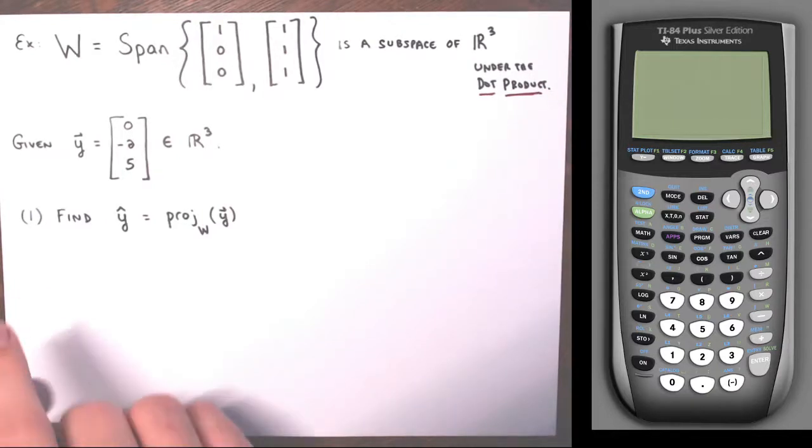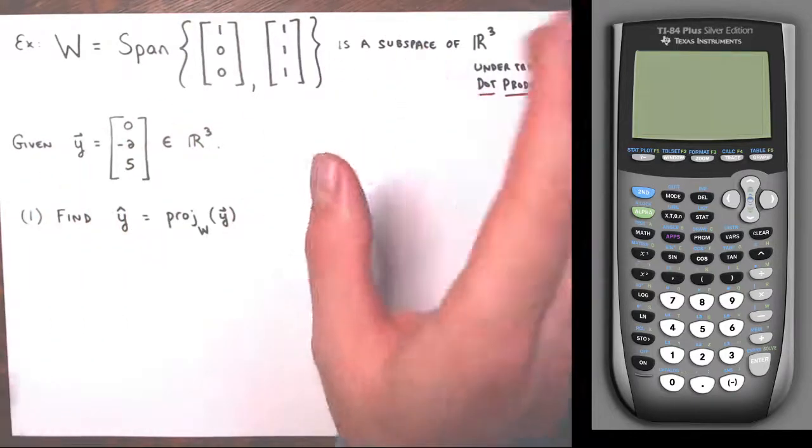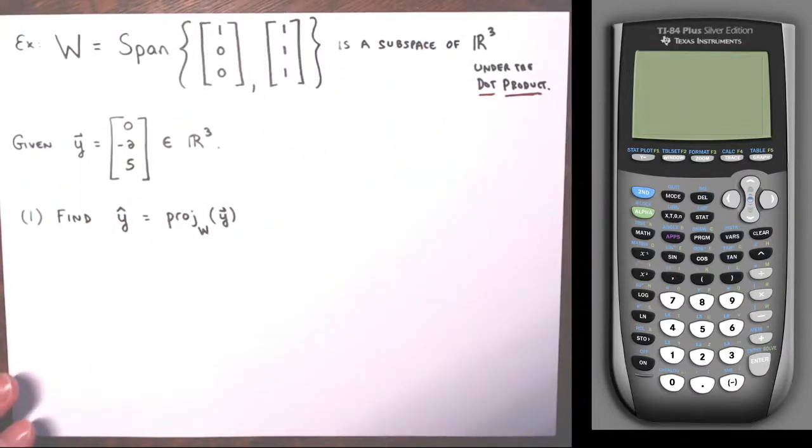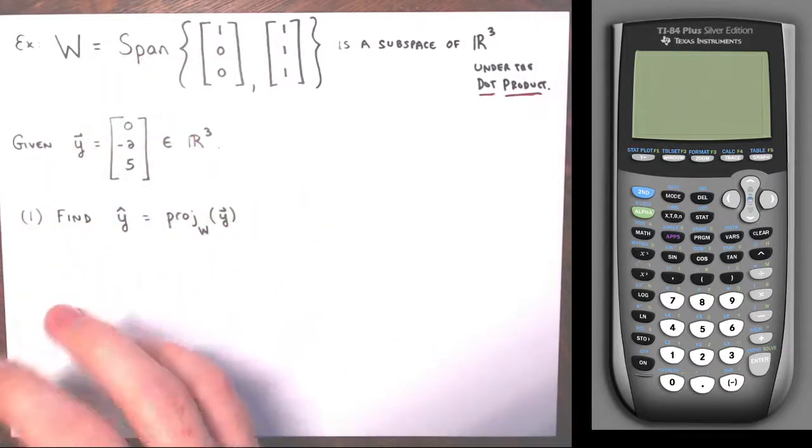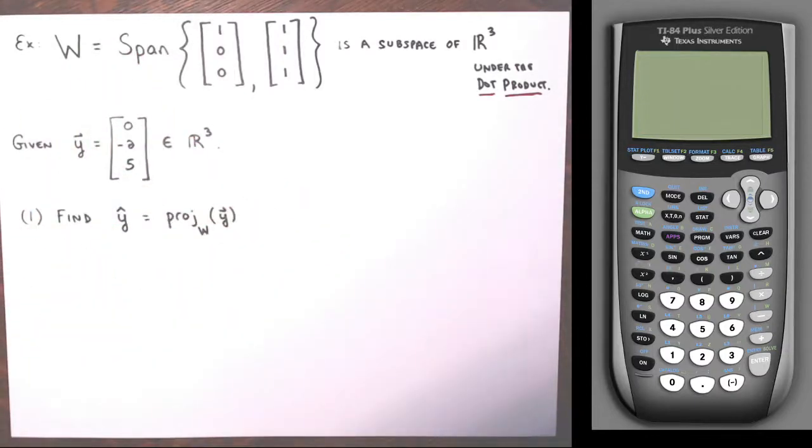All right. And what we've been seeing so far is that I should be able to take any vector from R3 and write it as the sum of a vector from W and a vector from the orthogonal complement of W. And it would be the only way I could do it.